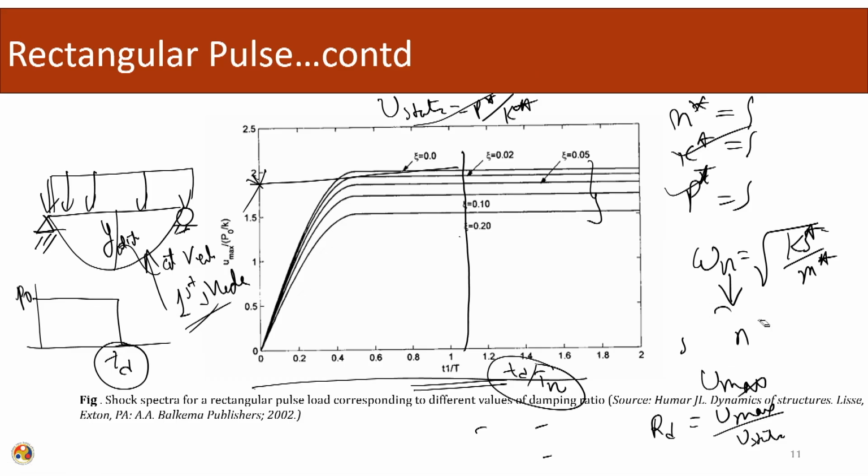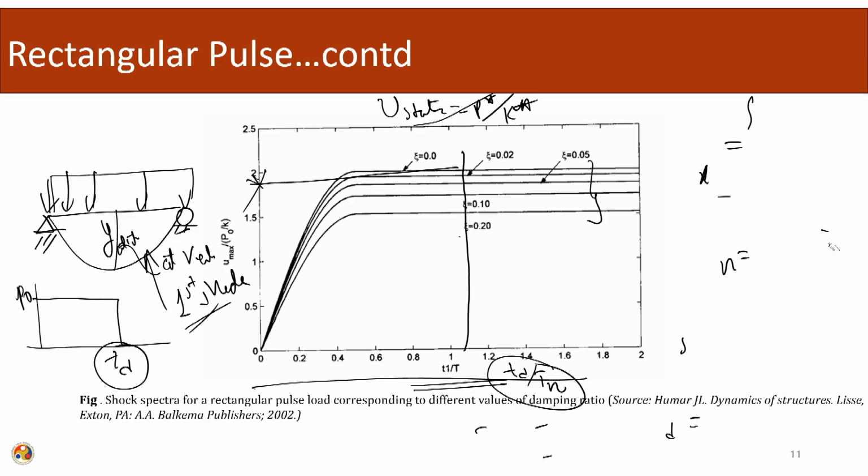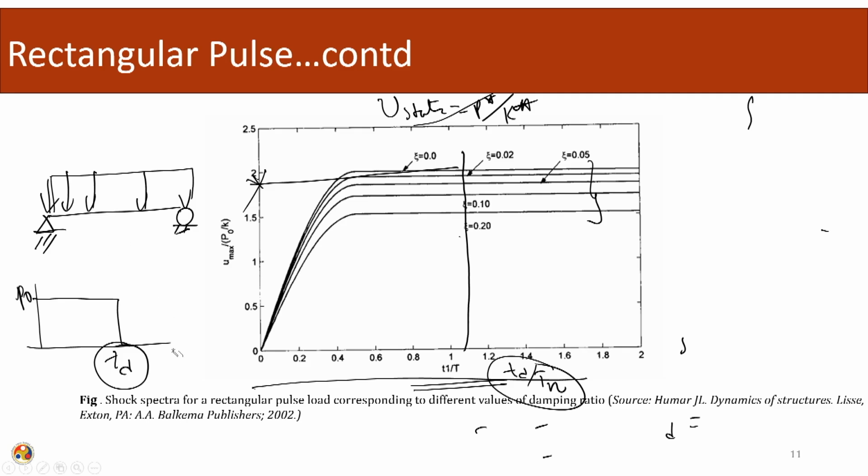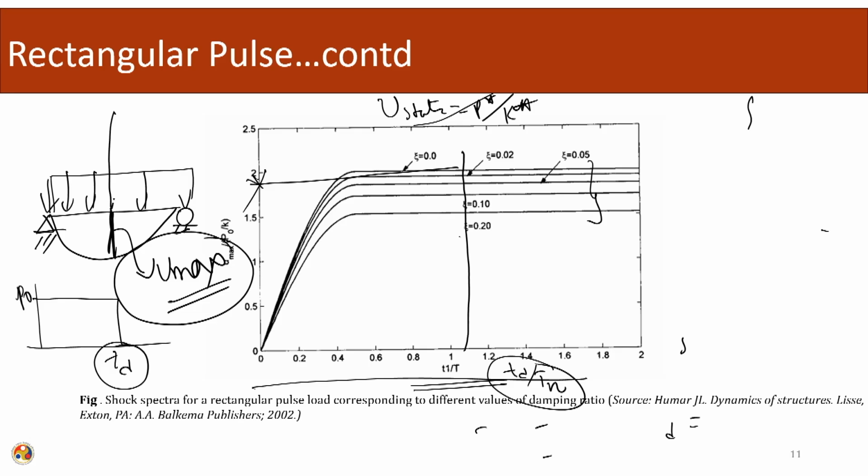Once we have our U max, we ignore the cause for this deflection and just look into the effect. The effect is my U max. Now we argue that this U max has been caused by an equivalent force.